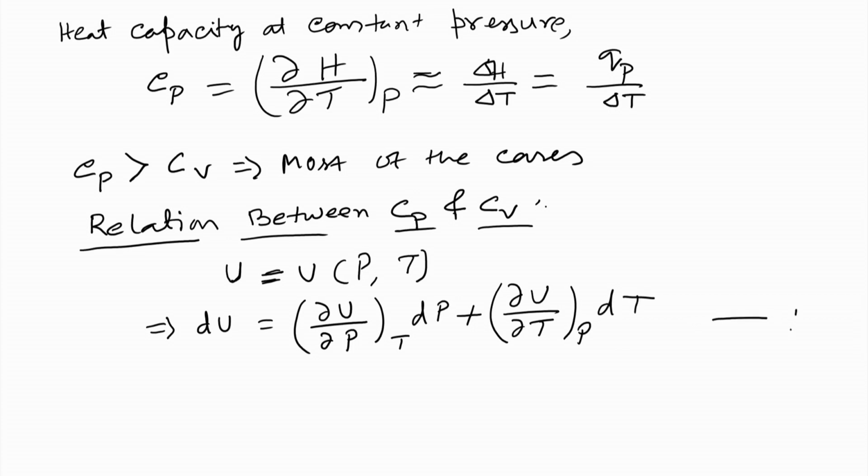So this is, suppose this is our equation 1. So we know U is a function of pressure and temperature. So dU we can write as del U by del P at constant temperature times dP plus del U by del T at constant pressure times dT.